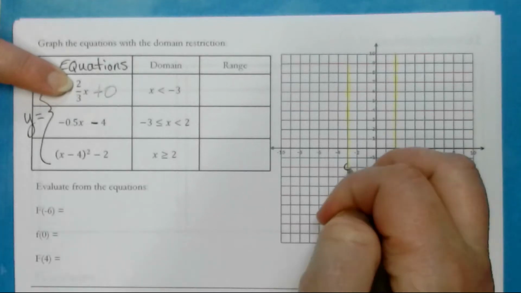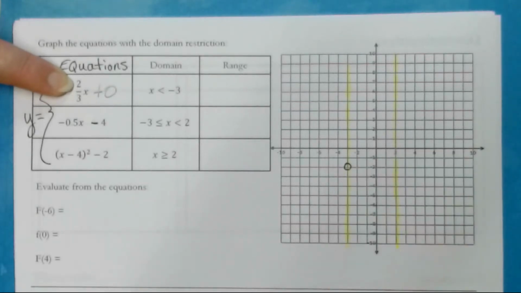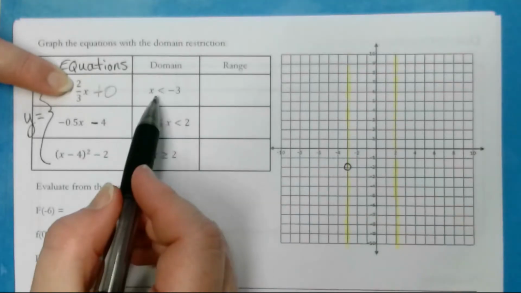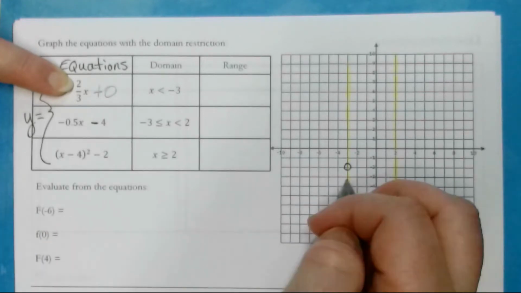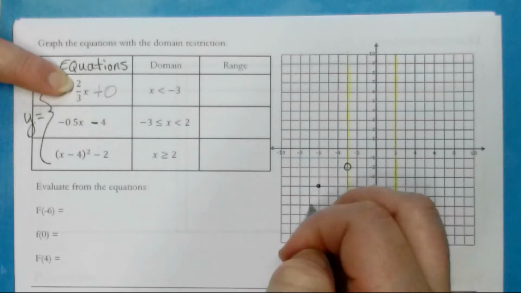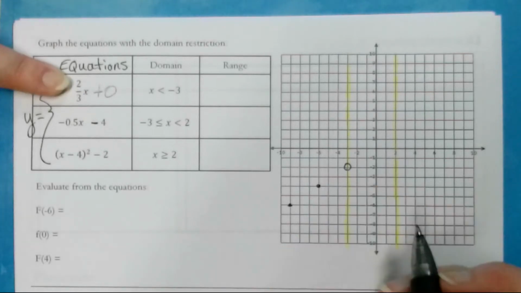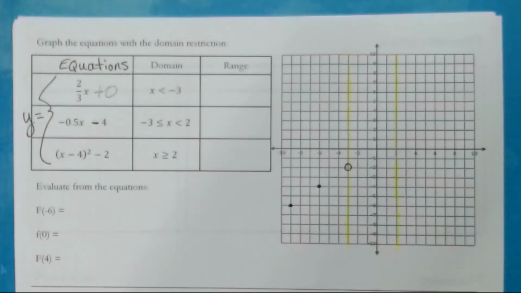So I would have a beautiful open circle. Why is it an open circle? Because I don't have an equals underneath. I'm down 2, left 3. Down 2, left 3. Beautiful straight line.